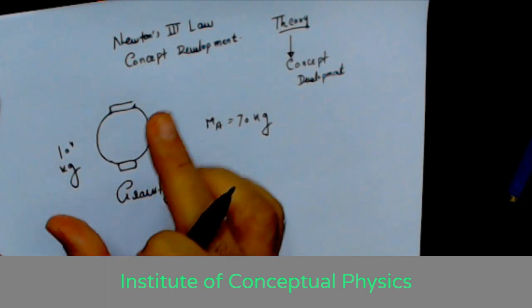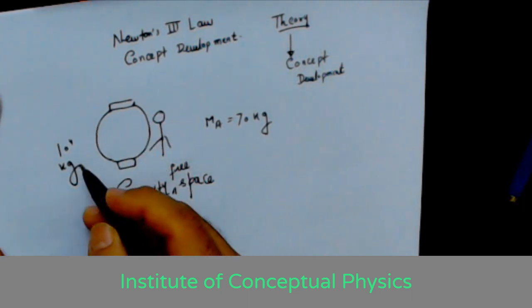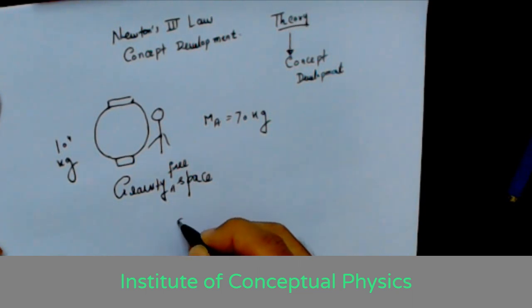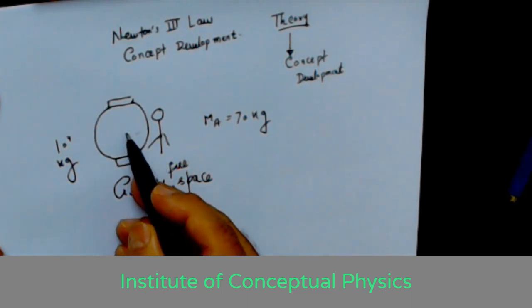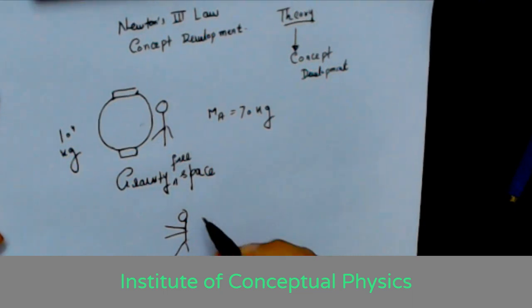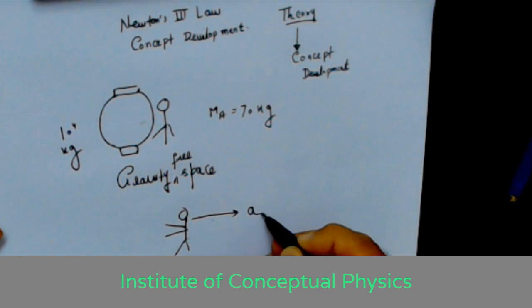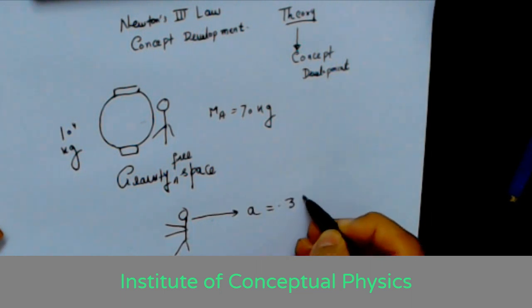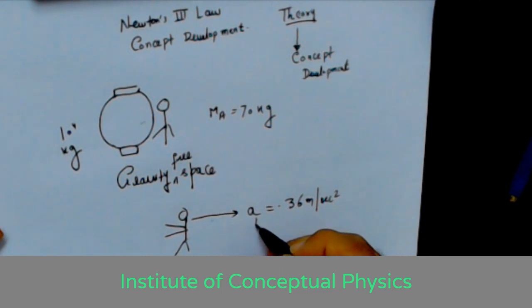He pushes the spacecraft, and when he pushes the spacecraft, the spacecraft gives a reaction to the astronaut. And the astronaut starts going back with an acceleration of 0.36 meter per second square. So this is the acceleration of the astronaut.